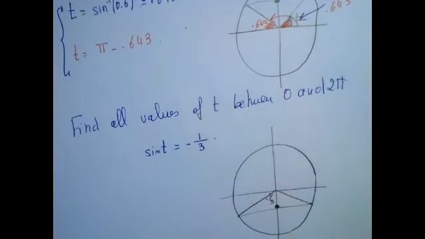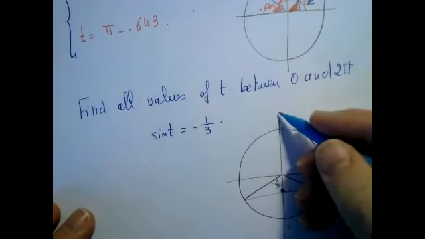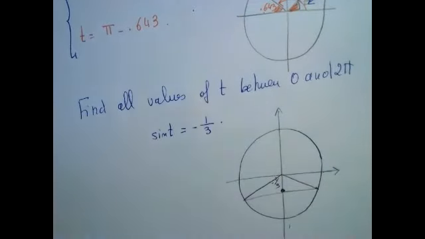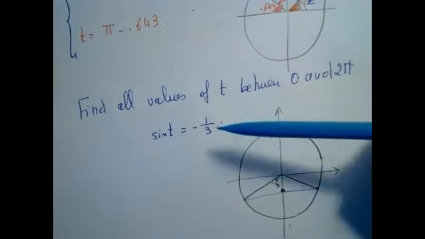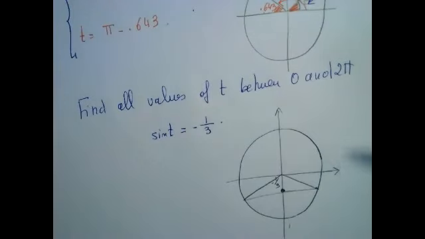I give you a little bit to think about that, and then we move on. I'm giving you the sine. You have to give me the angle. Remember, the calculator gives me the angle. It gives me one of them. And then we start finding the other ones.